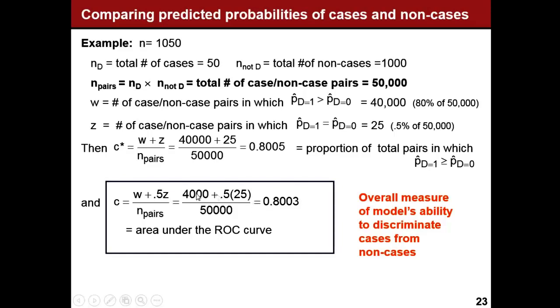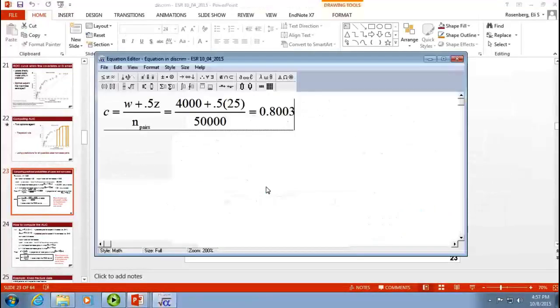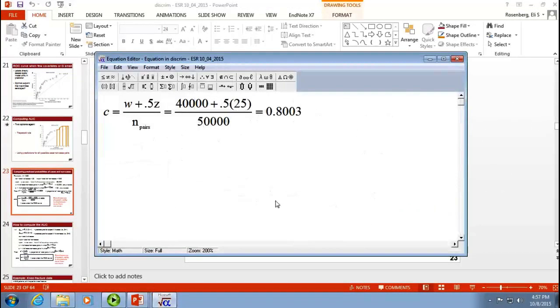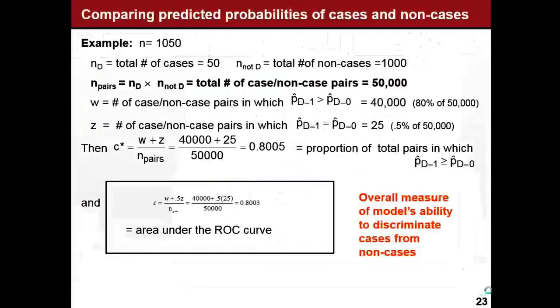So here's a situation where there are 50,000 possible pairs of cases with non-cases, and let's just say 40,000 of the 50,000 pairs had a case where the case was predicted higher than the non-case.